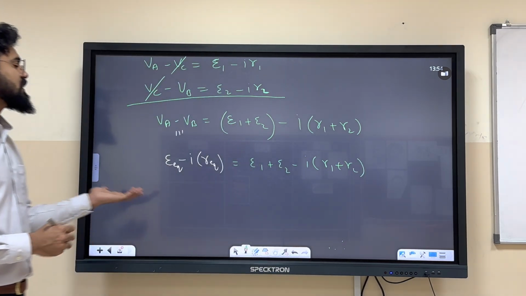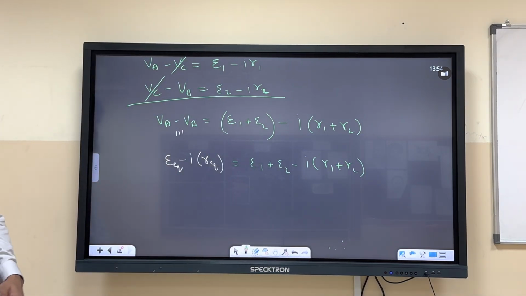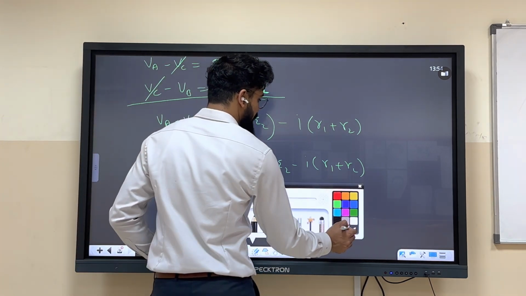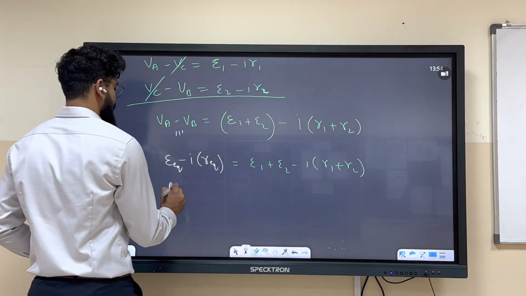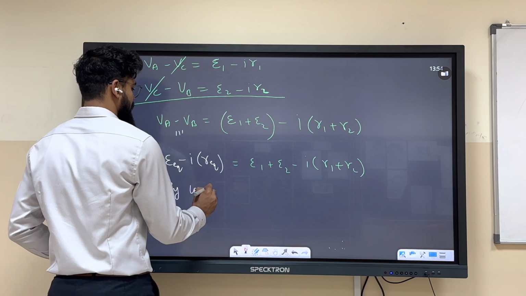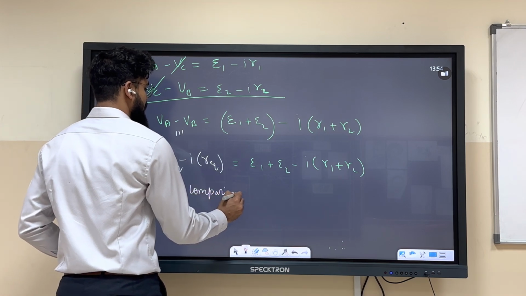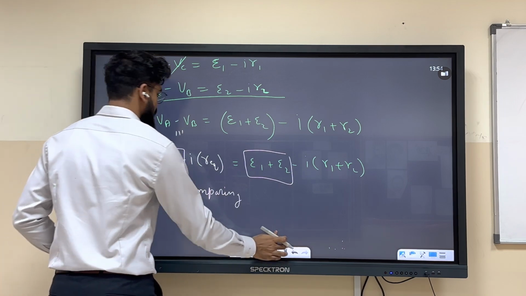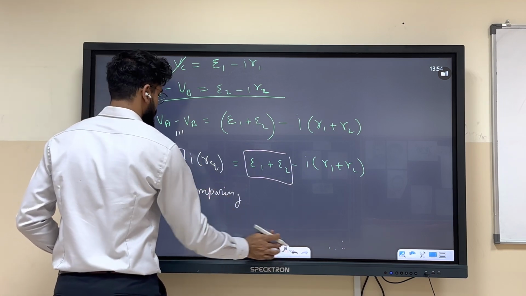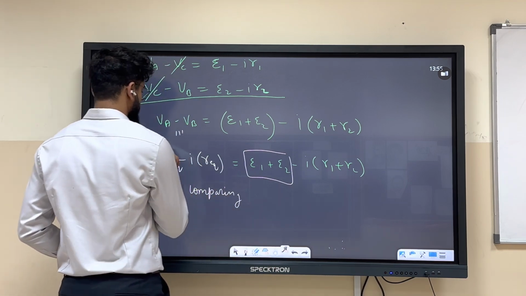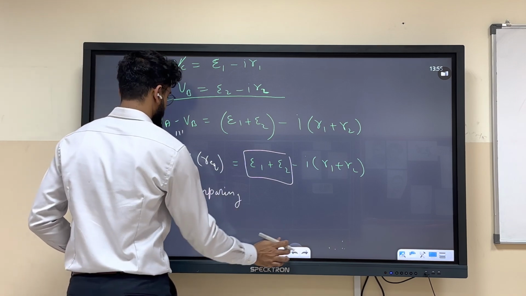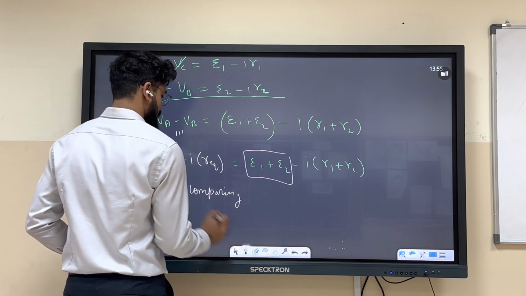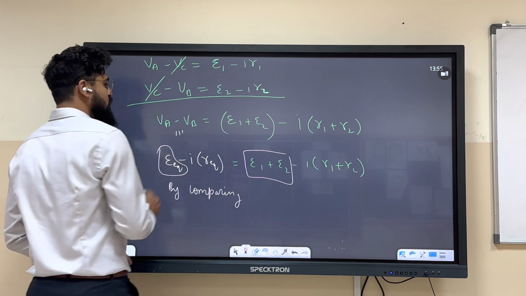So from here it's a very clear picture, correct? By comparing, we can get this term equals this term.